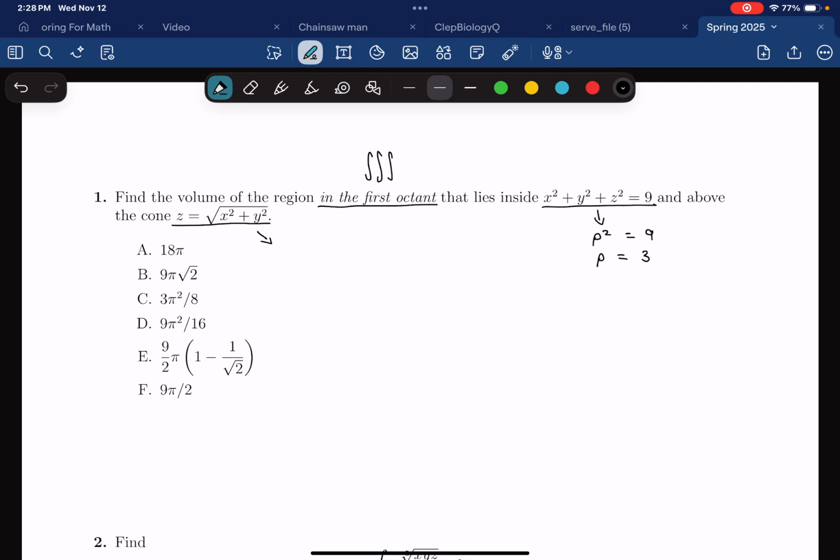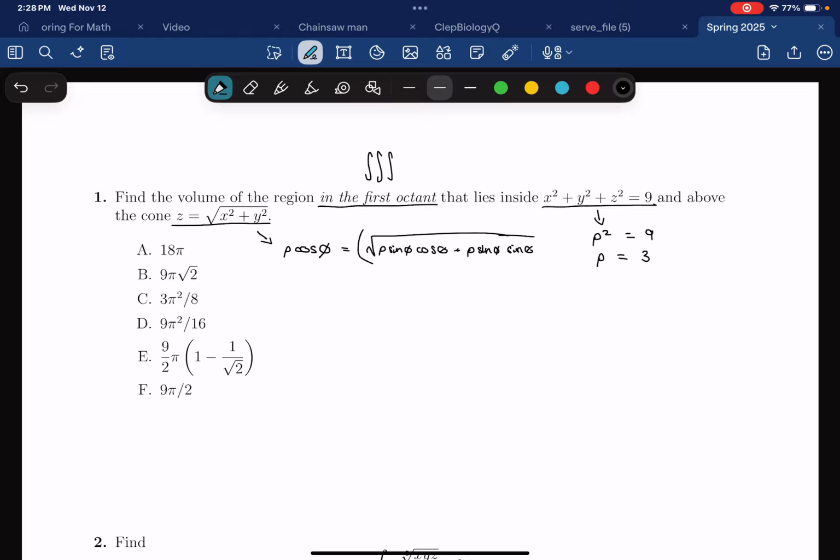In the same case, we can turn this into rho cosine of phi, which is equal to the square root of rho sine phi cosine theta squared plus rho sine phi sine theta squared.